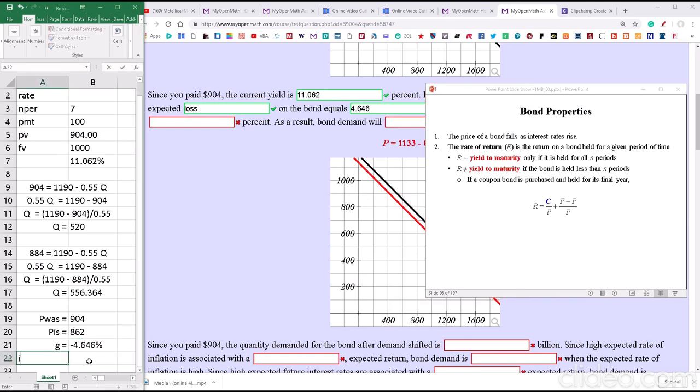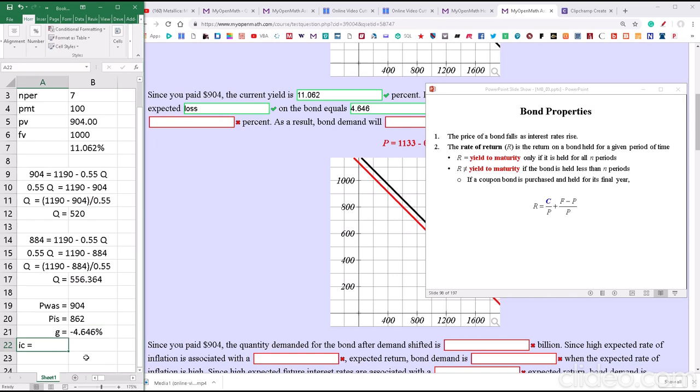So I'll put in here the current yield. We already calculated it too. The current yield was the coupon payment divided by the price, and then in percent form, and then 3 decimal places.